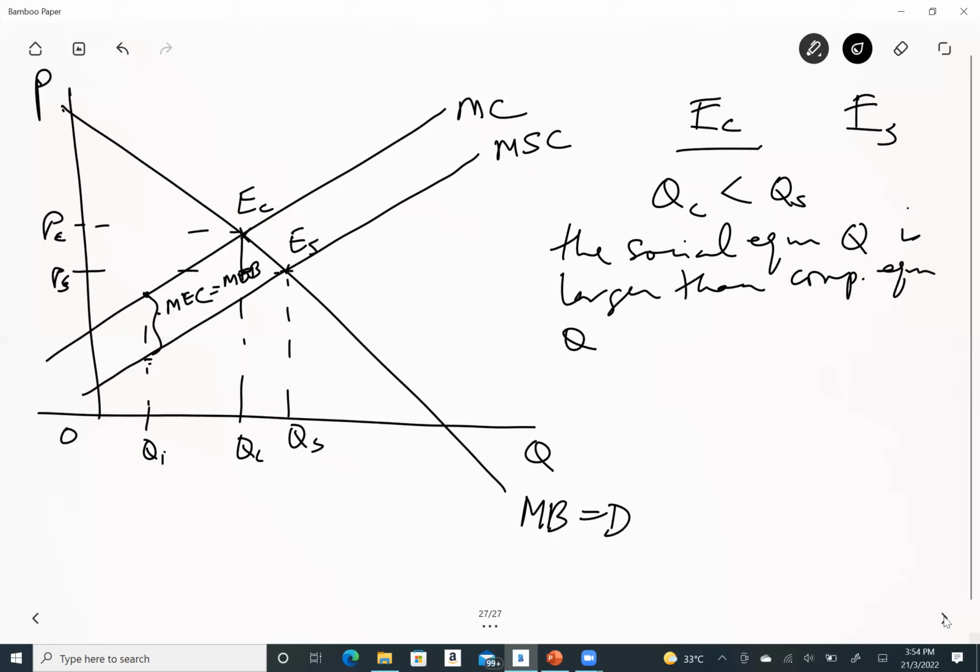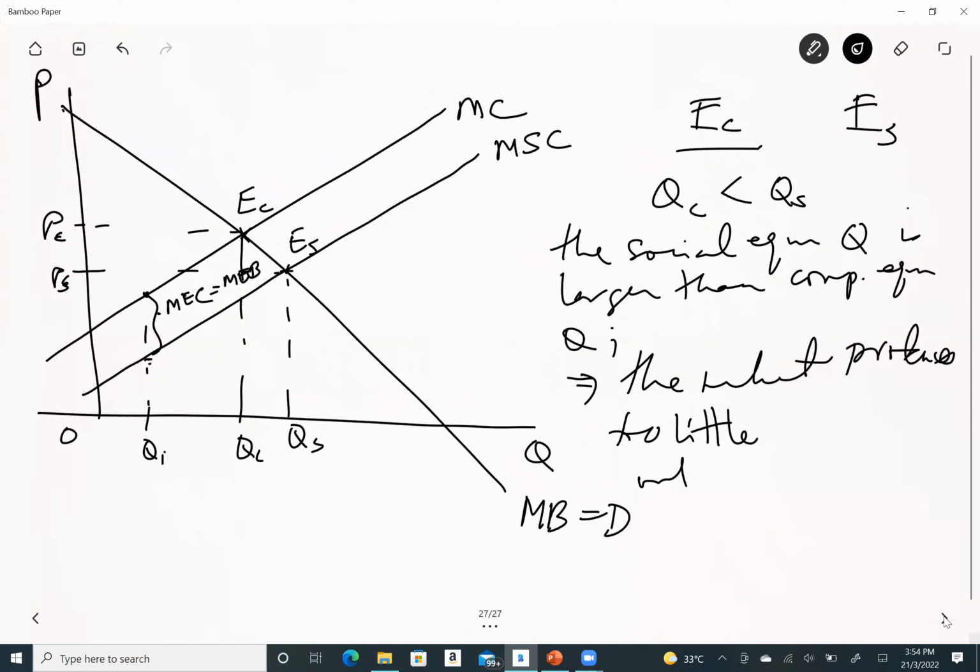So therefore, you can say competitive equilibrium output is less than the social equilibrium output. Then we say that what? We say that the market, because it is positive, the market produces too little or too much? Too little. Too little output.